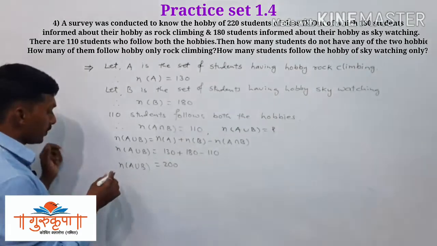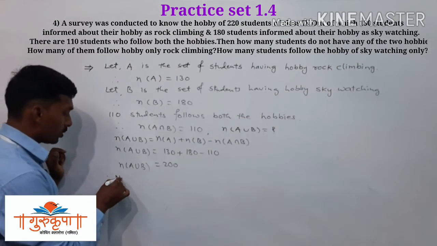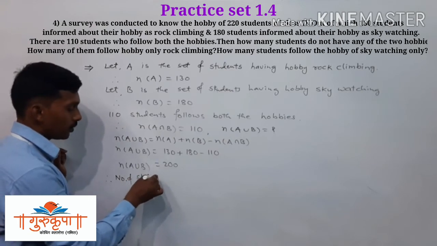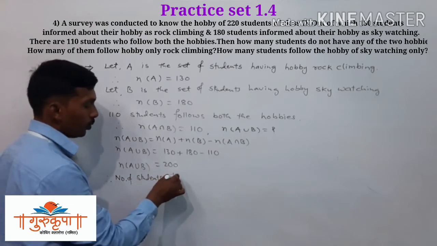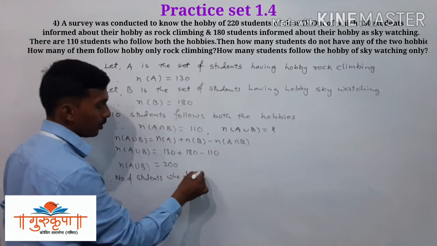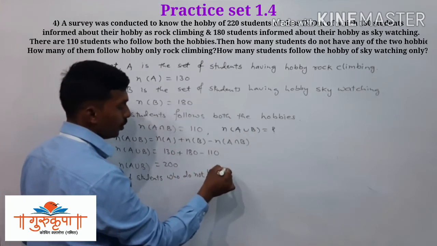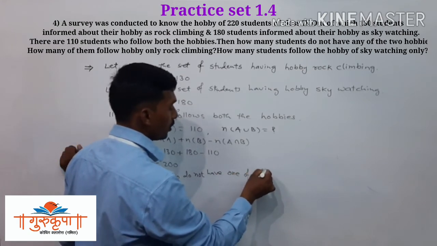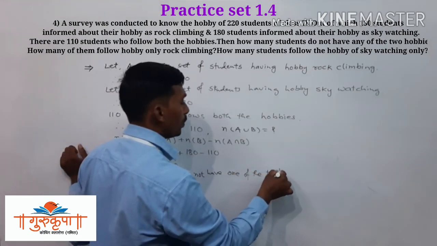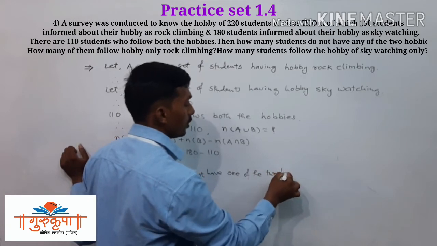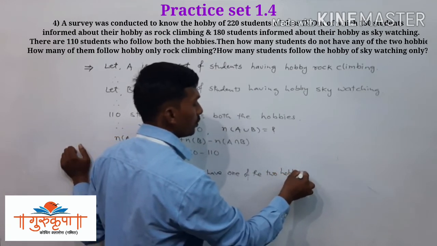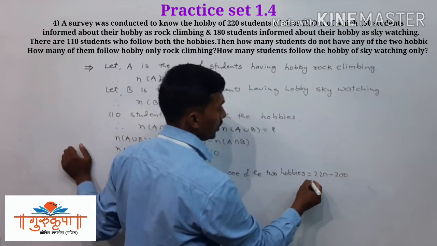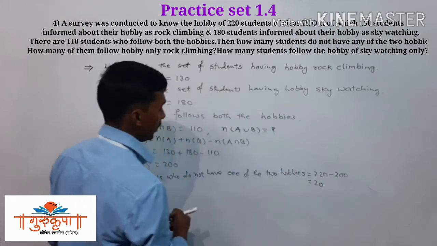So here we will write number of students who do not have one of the two hobbies, that is equals to 220 minus 200, it is equals to 20.